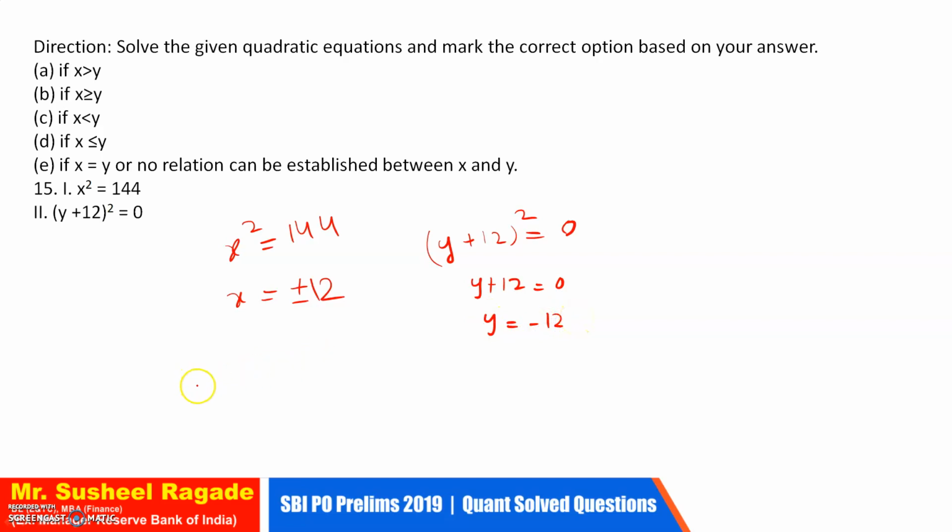So you can plot on a number line. This is x is plus 12, another x is minus 12, and y is minus 12. So x is equal to or greater than y. Now please go through all these answers once again, then you will understand how we have solved the question.